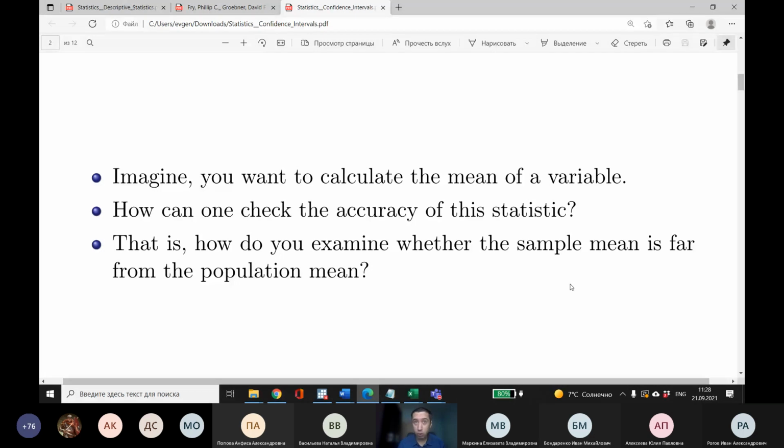Well, is there any way to check whether we have to trust our mean, or whether our mean indeed reflects a typical value in our dataset? We know that any statistical package, Excel, RStudio, Python, can easily calculate the average.